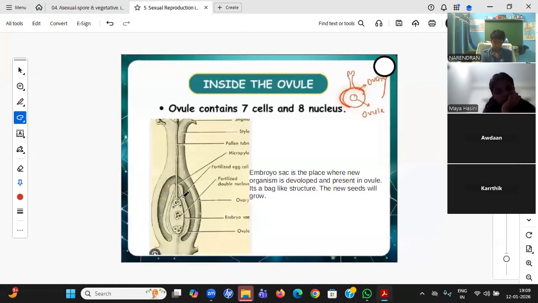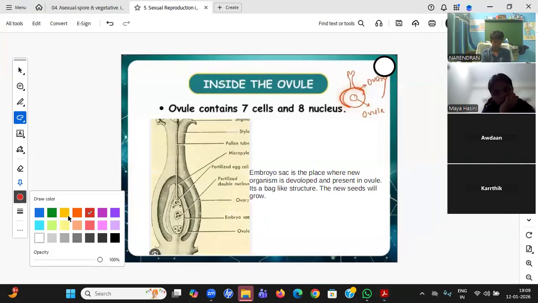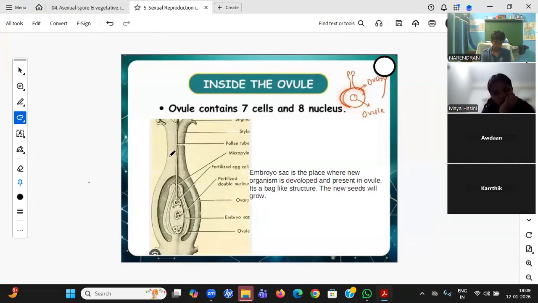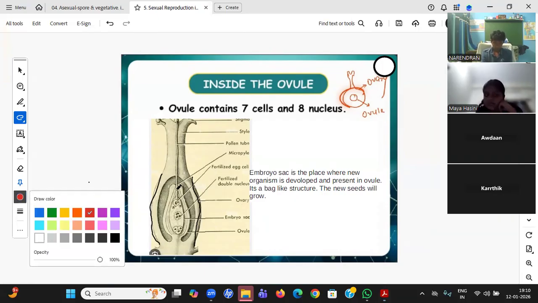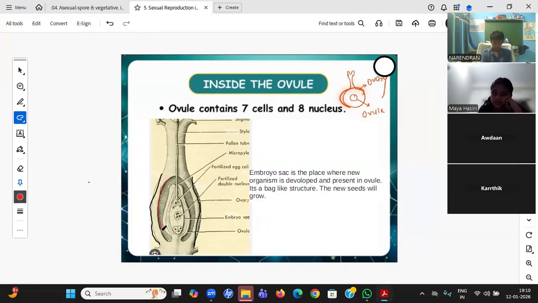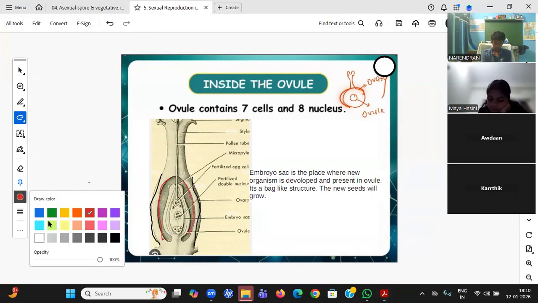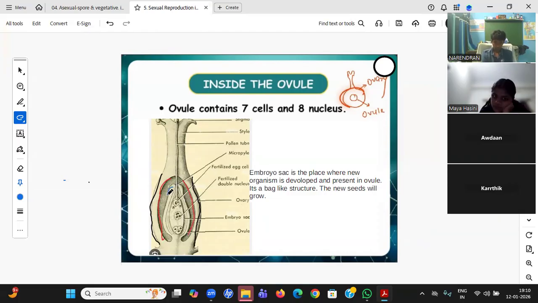This is the pistil, made up of stigma and style. The black portion is the ovary. Inside the ovary we have the ovule, the red color. Inside the ovule we have this blue color, the embryo sac.